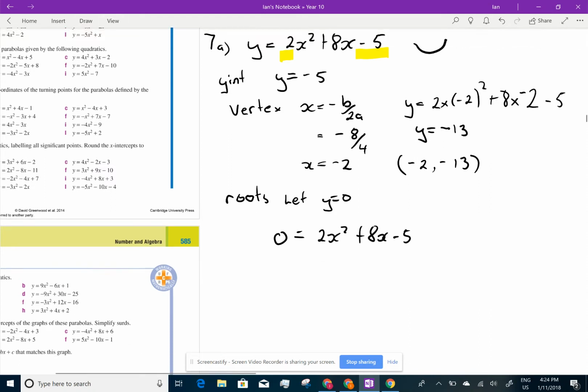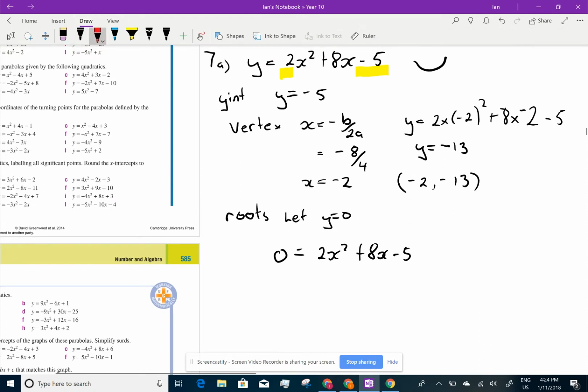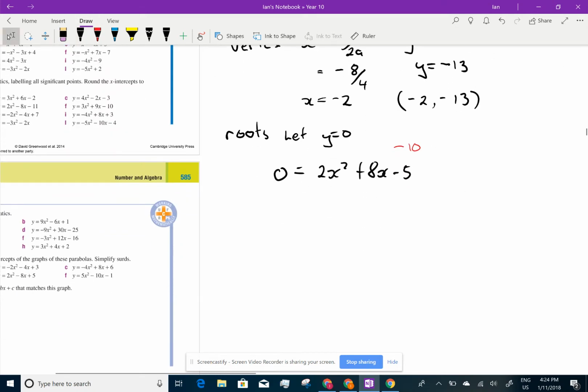I think to myself, 2 times minus 5 is minus 10. Can I factorise something that multiplies out to minus 10 and adds up to 8? The only factors of 10 are 2 and 5. I don't think this one's going to work out neatly, so I'm going to jump into the quadratic formula.